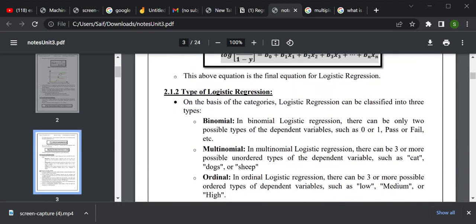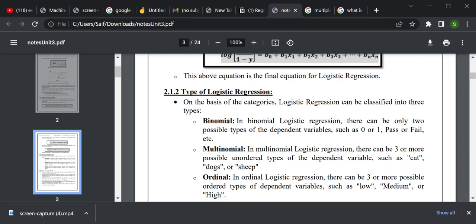But moving further, the important thing that you can also write in the paper is the types of logistic regression. There are mainly three types of logistic regression. The first one is the binomial type. Binomial is binary, that is 0 or 1. It will have a category of only two, that is yes or no. While multinomial logistic regression will have three or more types, but in an unordered sequence.